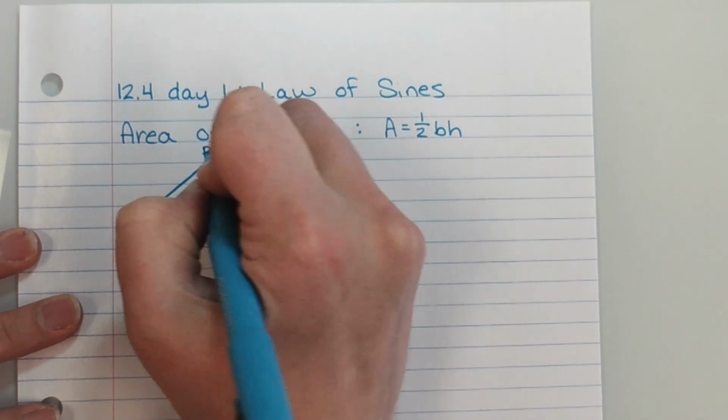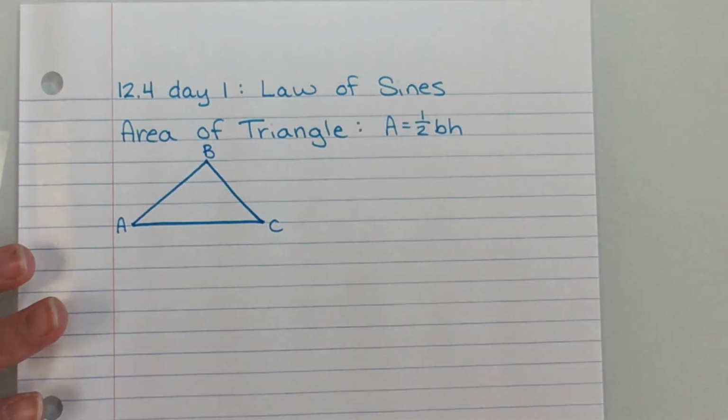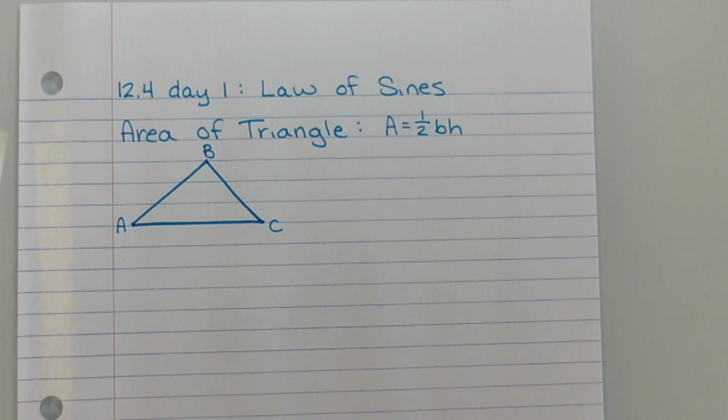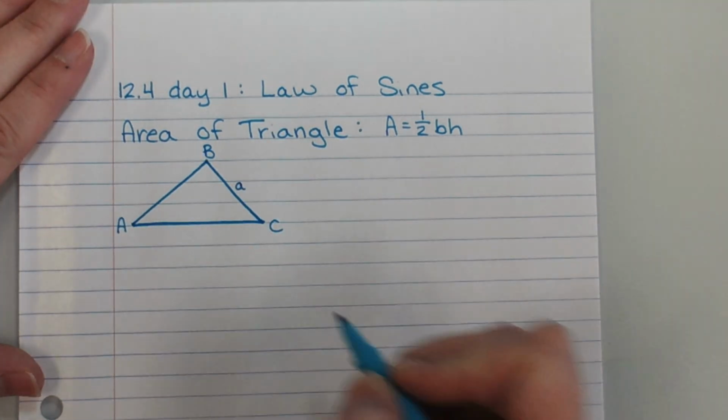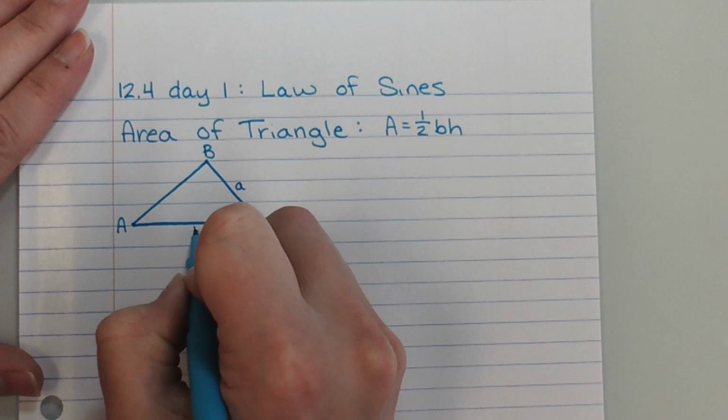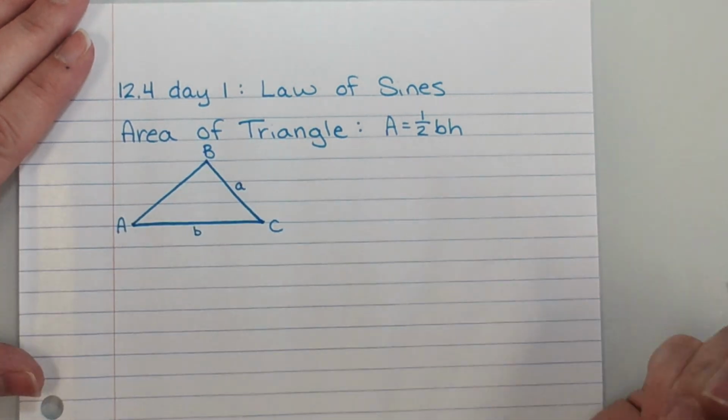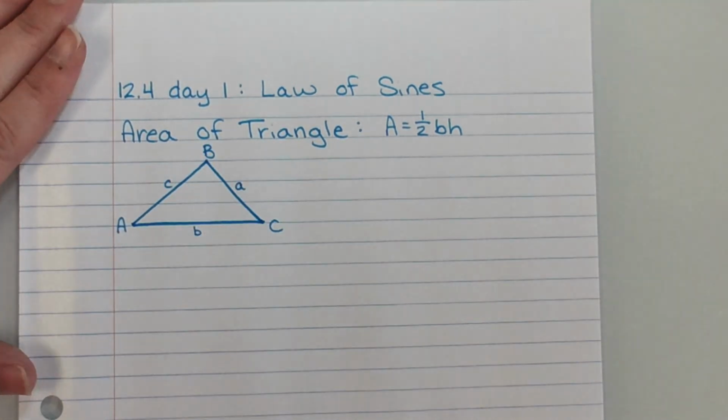This is triangle ABC. Now, one of the things about triangles is if the vertices are A, B, and C, the side lengths are also shortened down to a, b, and c, but lowercase. Capital A is across from lowercase a, capital B is across from lowercase b, capital C is across from lowercase c.